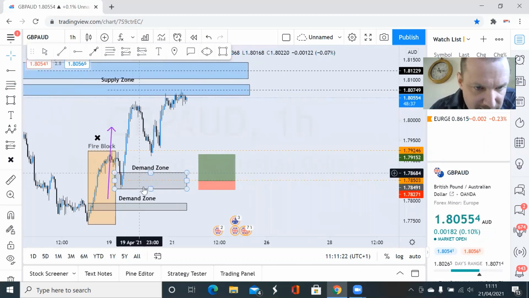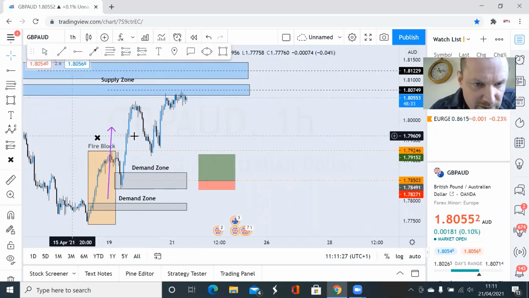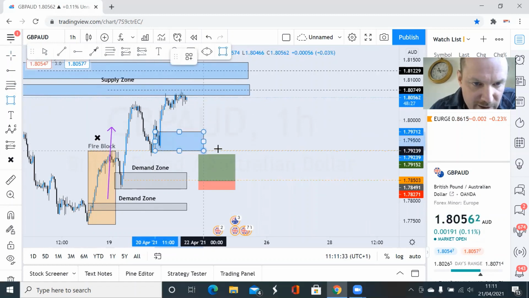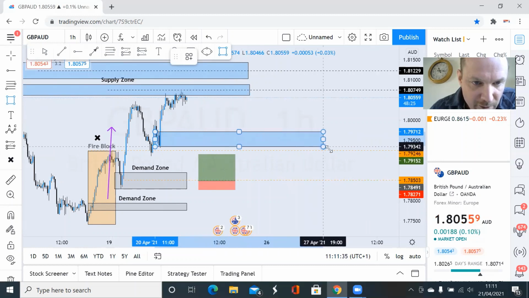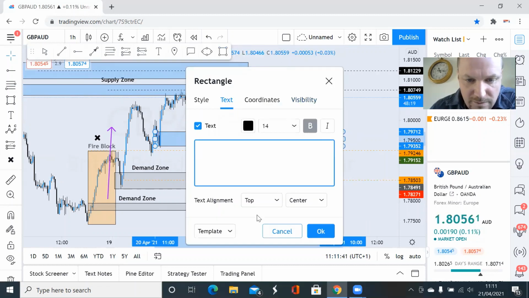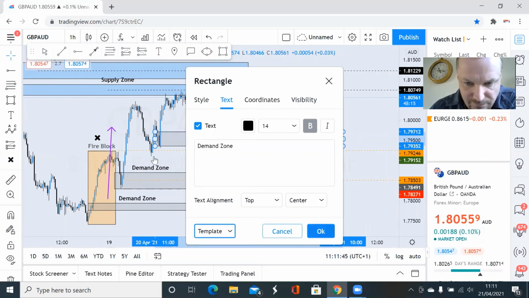And again, this is a movement within the bigger fire block. As an order block, you could technically use that there, the last down before the up, because this is technically on the floor. You've now got a demand zone.